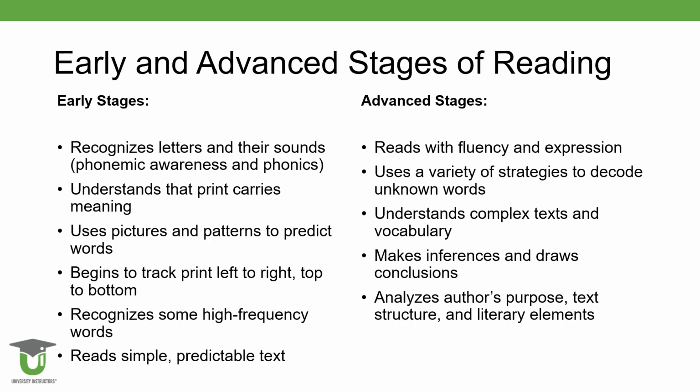Students that are more in the advanced stages of reading, on the other hand, are reading with fluency and expression, using a variety of strategies to decode unknown words, understanding more complex text and vocabulary, making inferences and drawing conclusions, and analyzing author's purpose, text structure, and literary elements.